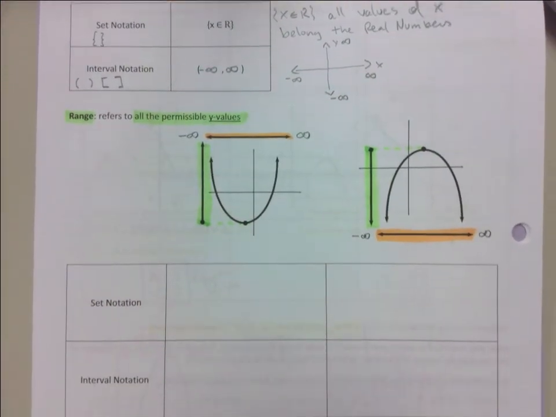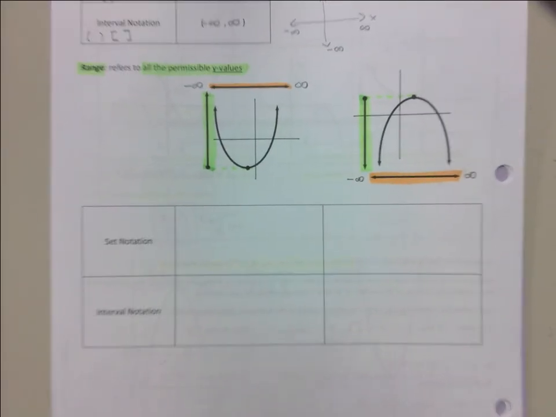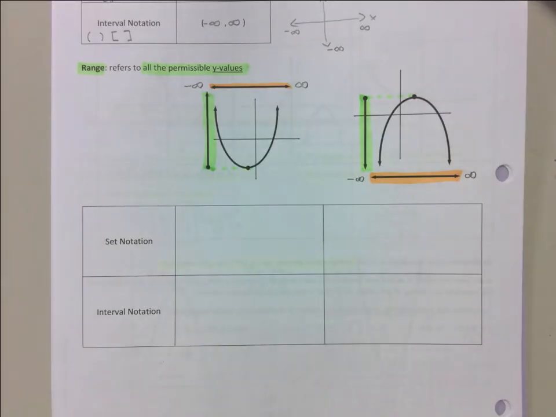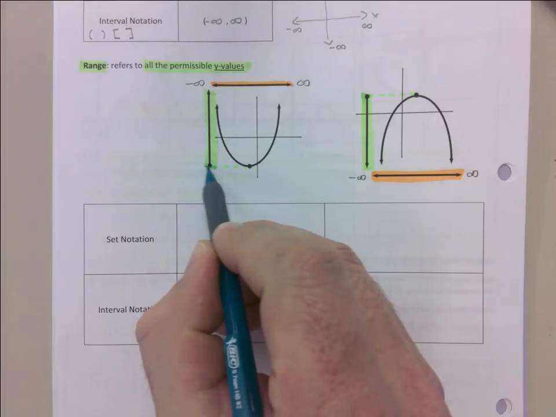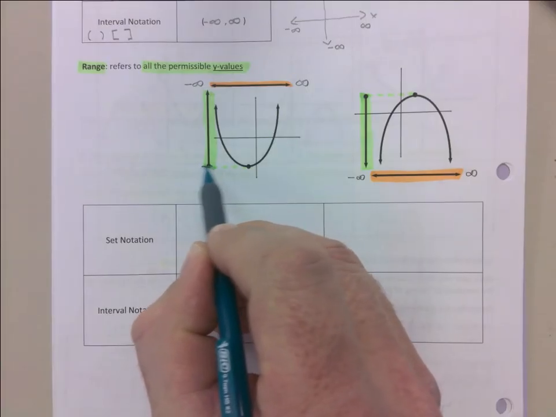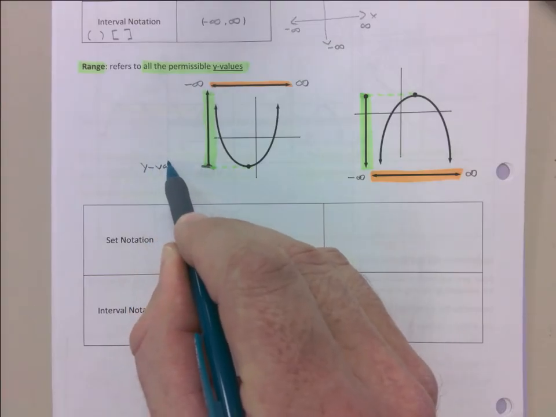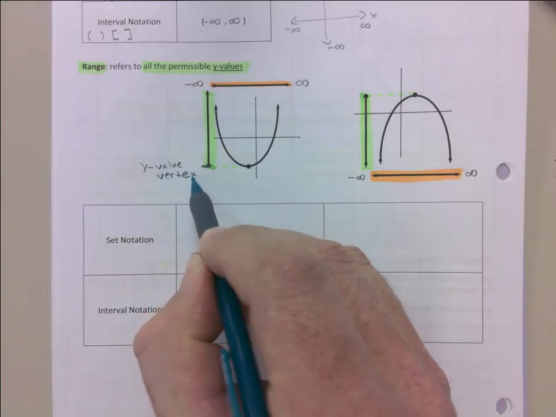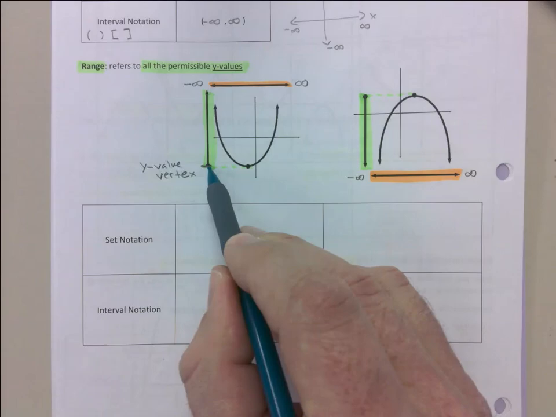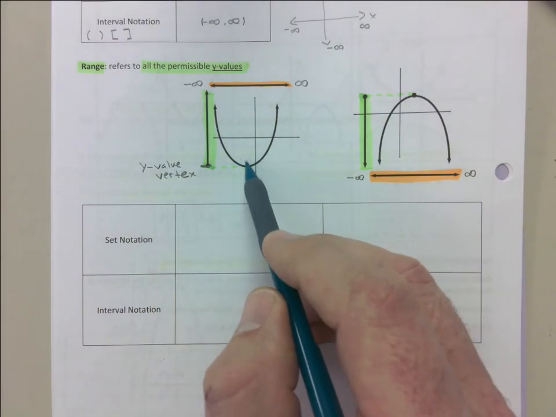And so the range is different. What would the value down here be like this? The lowest y value we accept would be the y value of the vertex. It is the lowest y value we accept, and then it goes up from there if it's pointing up.